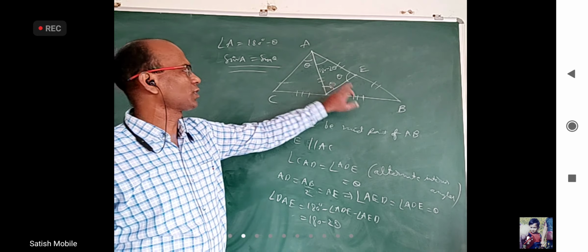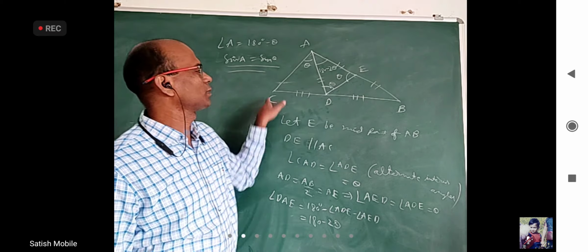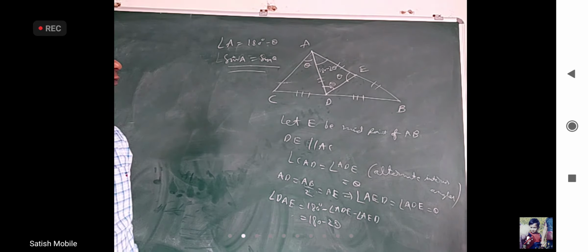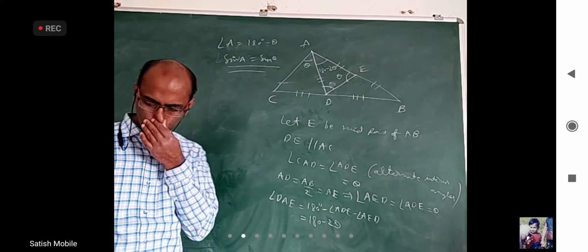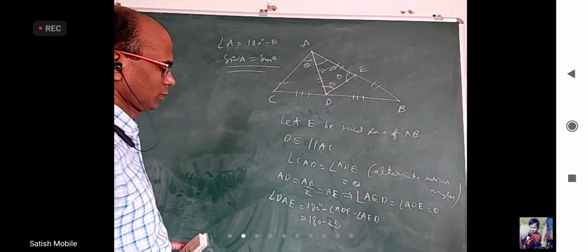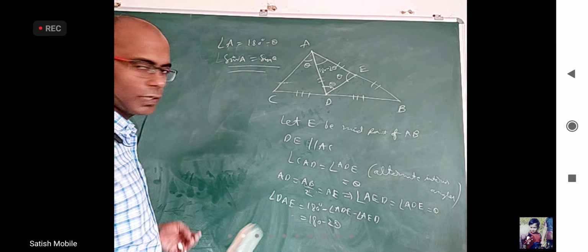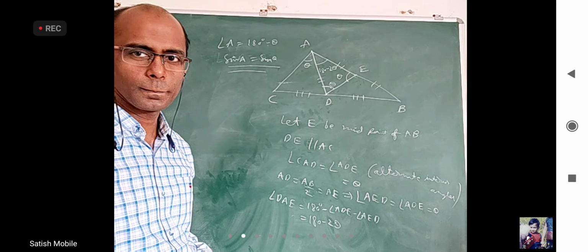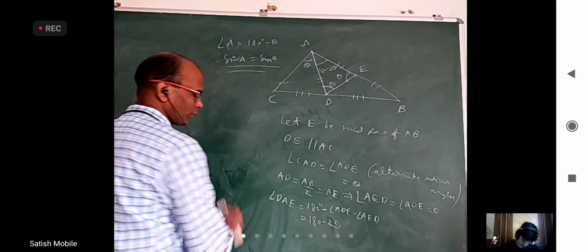There are three small triangles, only this triangle is similar to the total triangle. Okay, I am arranging this. Anybody needs more time? No. Okay.